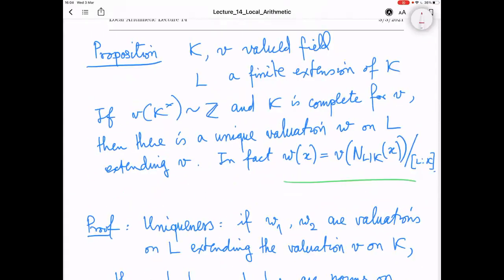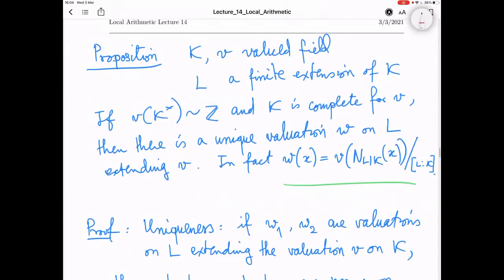Okay, so the next statement is that if I have a valued field, so K is a field, V is a valuation, and I take a finite extension L of this K. The question is, does L have a valuation W which extends the valuation V on K?